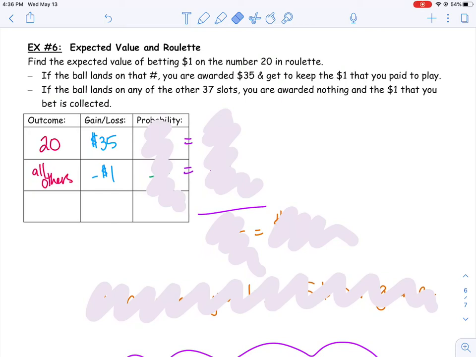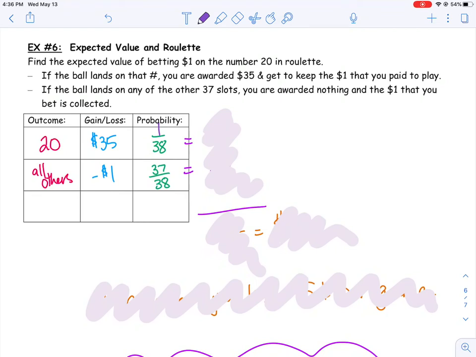Okay, so now that we have the gains and losses, let's figure out the probability of each of these different outcomes. So what's the probability that I'm going to land on the 20? Well, isn't it 1 out of 38? There's only one spot that's numbered the number 20. Out of 38 spots, my probability is 1 out of 38.